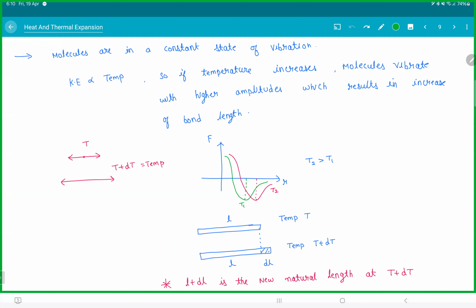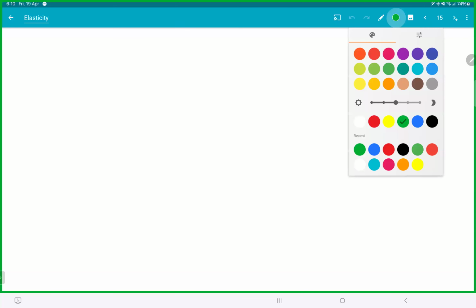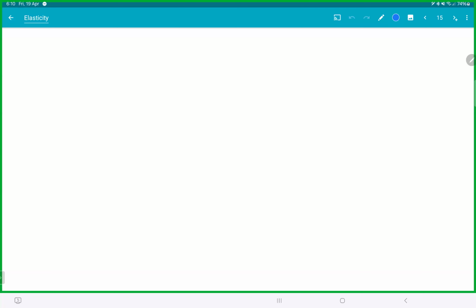So the important thing you need to understand, there's a difference. The delta L in the strain and the delta L in thermal expansion are completely two different quantities. Whenever you take a rod here, length L, temperature T, the rod becomes L into 1 plus alpha delta T when the temperature is T plus delta T. This is the new natural length.